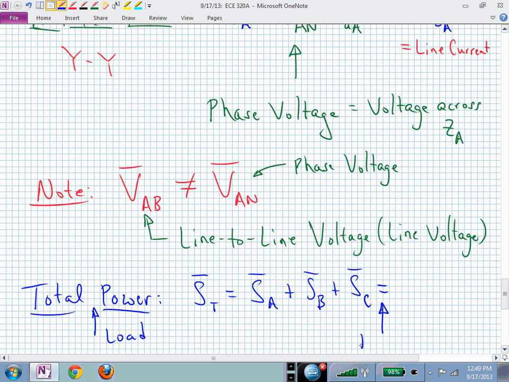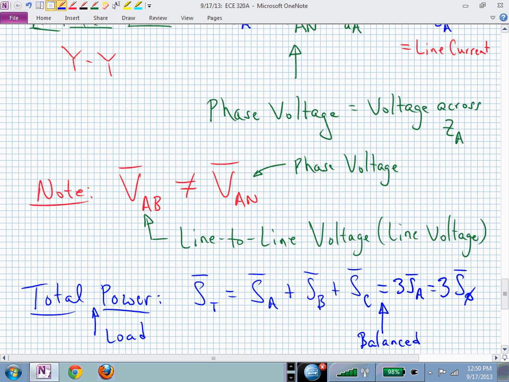If this is a balanced configuration, what do you think's happening in those three phases? They're the same. So this would be 3 times S sub A, or we may just say forget the phase and just call it the phase power, S sub phi.